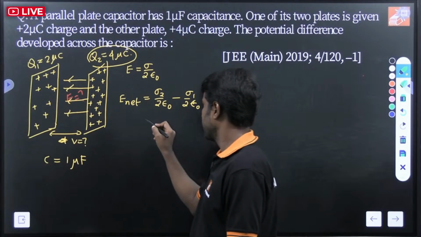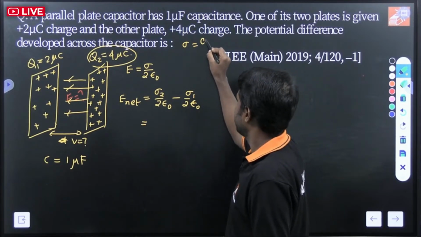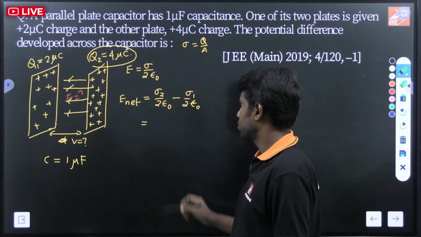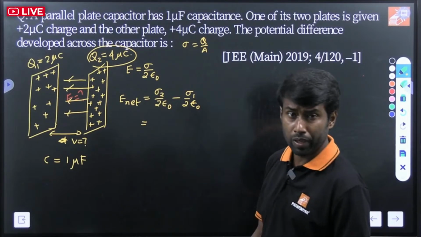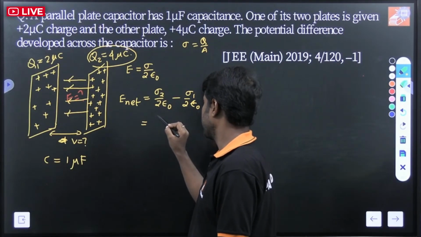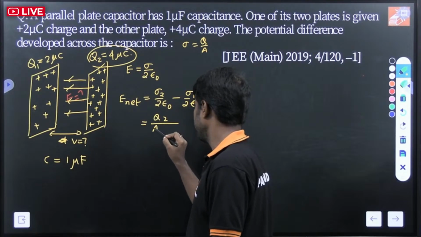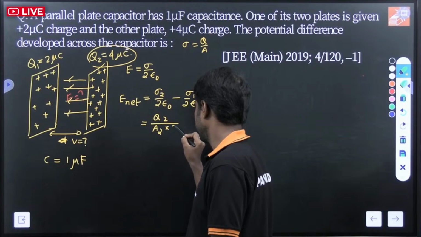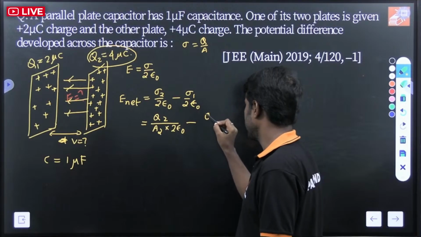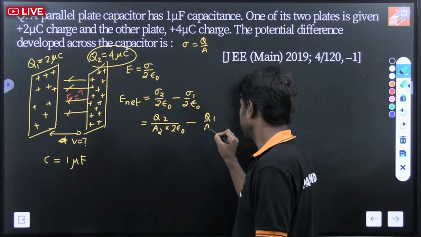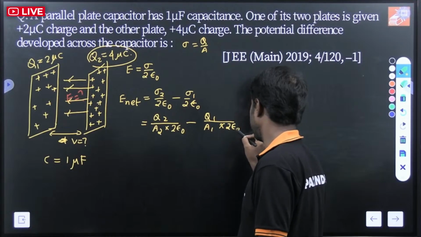Now sigma is the charge per unit area. Here the area is the same for both plates because they are parallel plates. So we get sigma 2 equal to Q2 by A2 into 2 epsilon naught, minus sigma 1, which is Q1 by A1 into 2 epsilon naught.